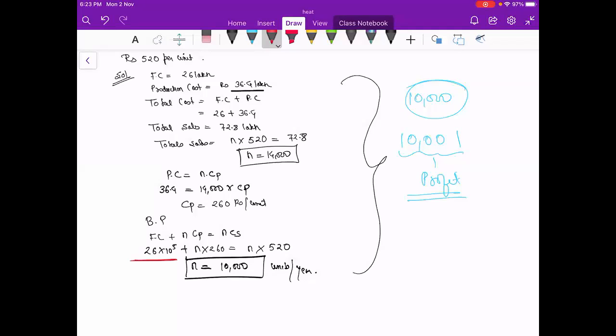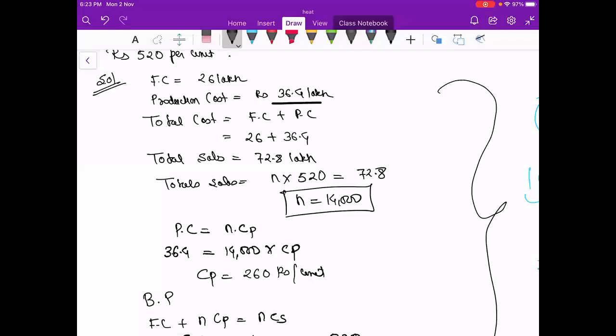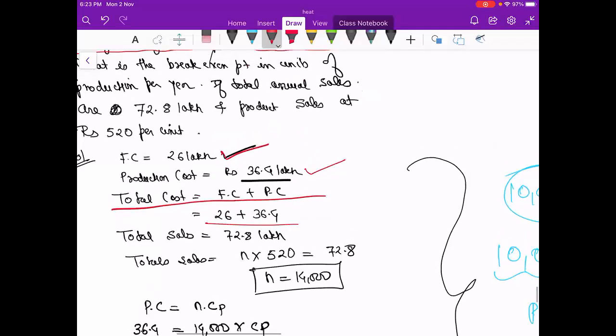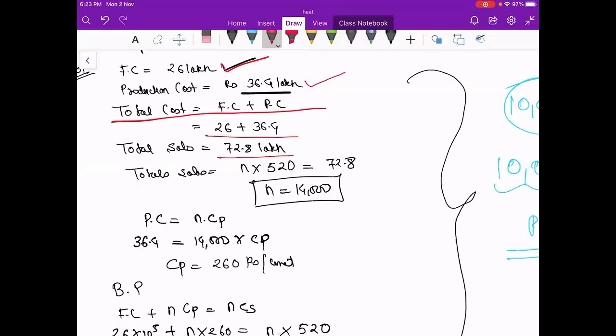Okay, I will explain once more. See here. Fixed cost is given. Production cost is given. We know the total cost is fixed cost plus production cost, which is nothing but the working capital, so it is 26 plus 36.4. Total sales, how much money you are earning, is given as 72.8 lakh.